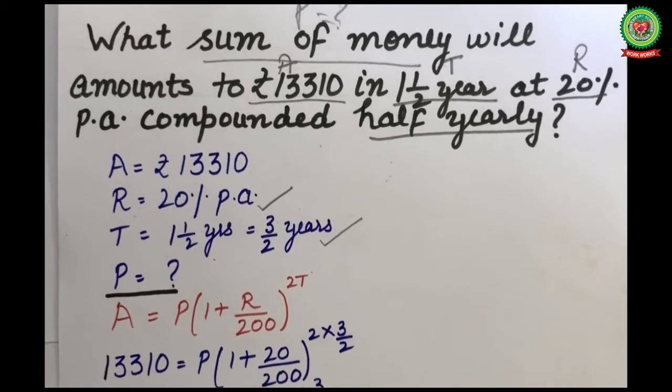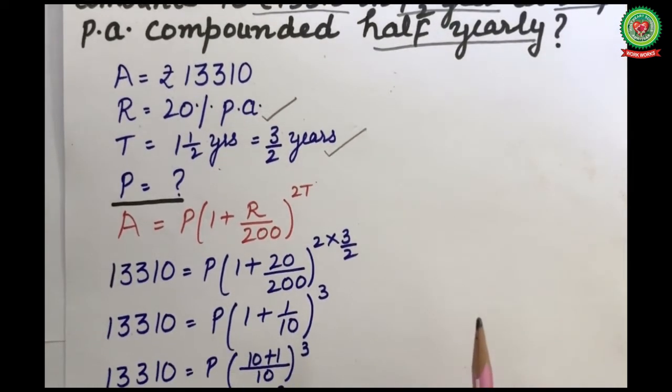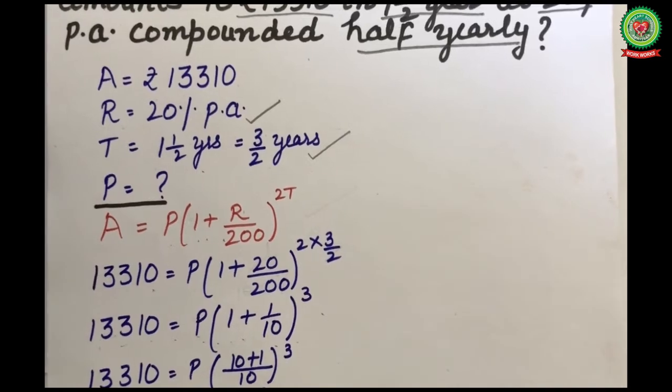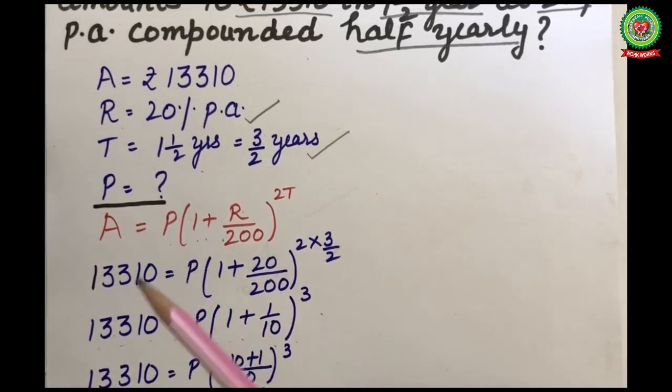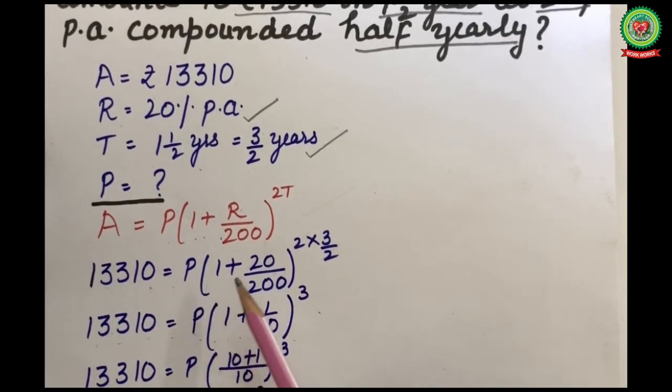Now we are going to apply the formula of amount in case the interest is compounded half yearly, and the formula is A is equal to P bracket 1 plus R upon 200 raised to power 2t. Now we are going to substitute the values of amount, rate and time. So on substituting, we get 13,310 is equal to P bracket 1 plus 20 upon 200 raised to power 2 multiplied by 3/2.